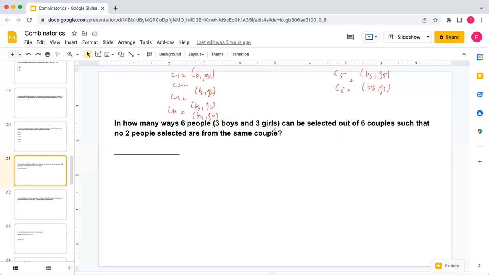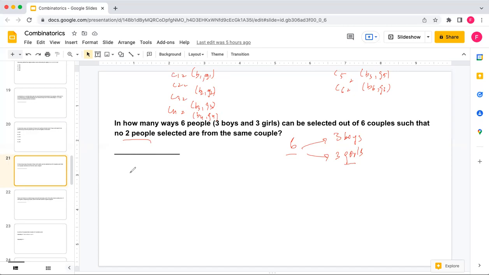We have 6 couples and we want to choose 6 people, 3 boys and 3 girls. But the restriction is that no 2 selected will be from the same couple. So let's try to do it this way.